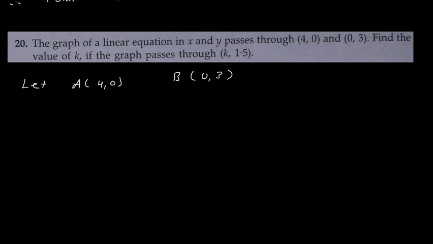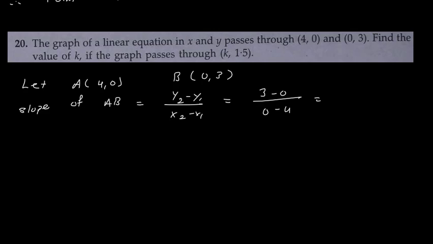Now I will first find the equation of AB. First I have to see the slope of AB. The slope of AB is y2 minus y1 upon x2 minus x1. This gives me 3 minus 0 upon 0 minus 4, that is minus 3 upon 4.